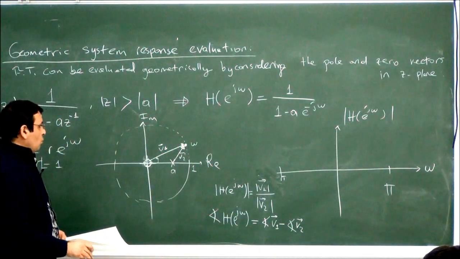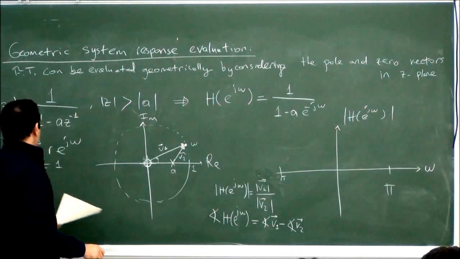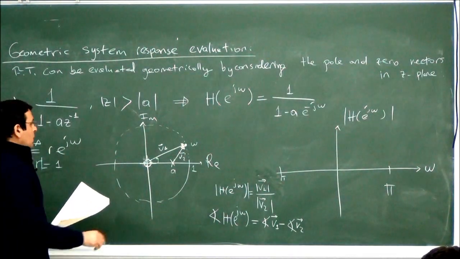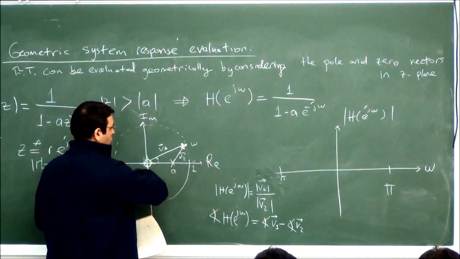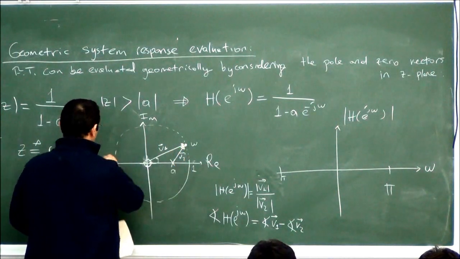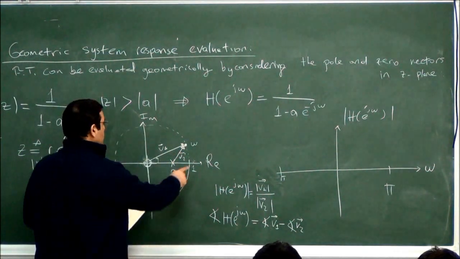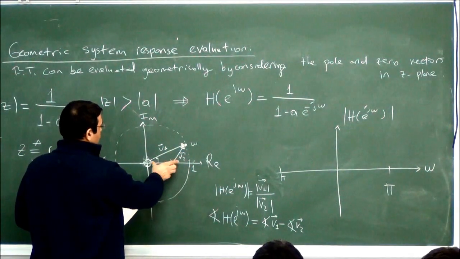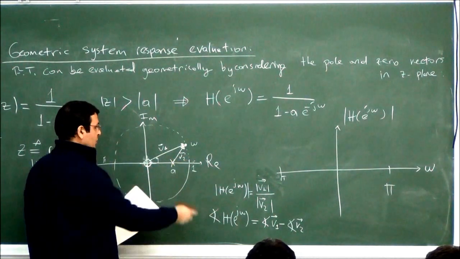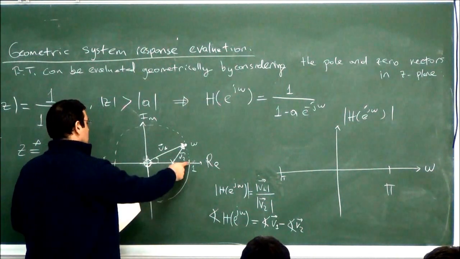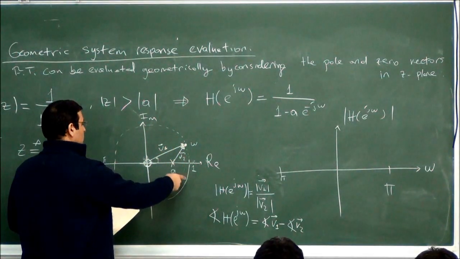So let's try to draw the magnitude response of this system. You start from omega 0 and go in the counterclockwise direction; this part is pi, and this is the minus pi part. From 0, the angles are 0 in this case, so the angle response is 0 at point 1, or omega 0, and if you increase omega, you will do these manipulations.